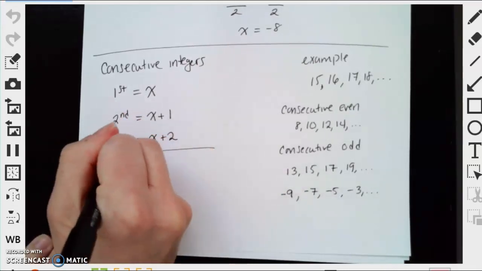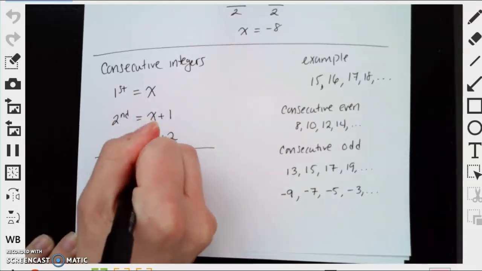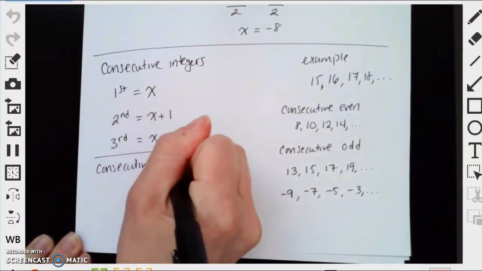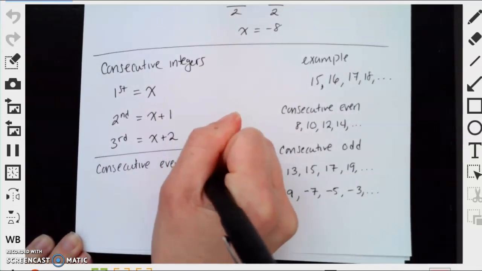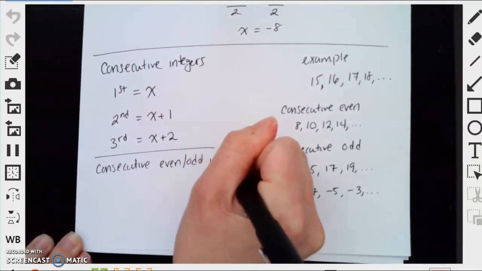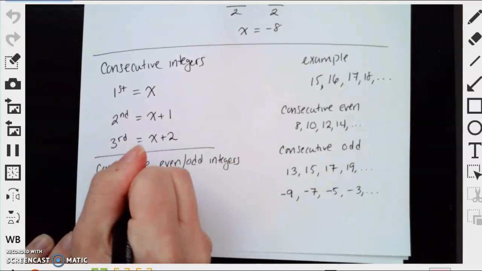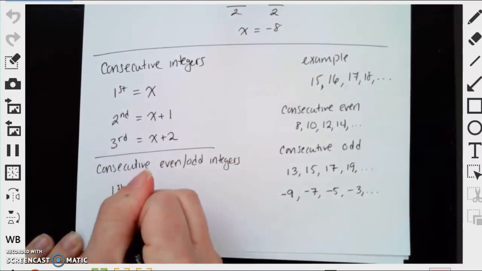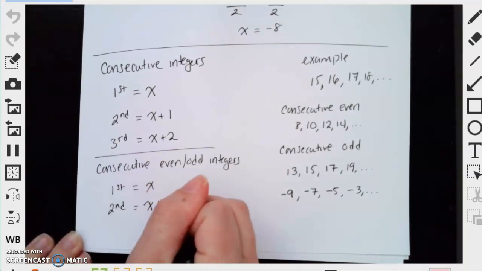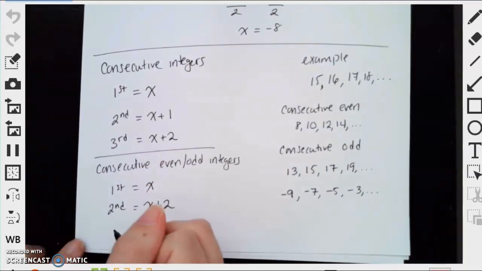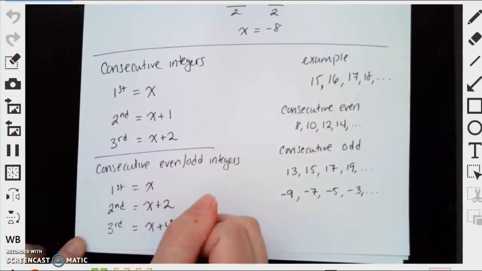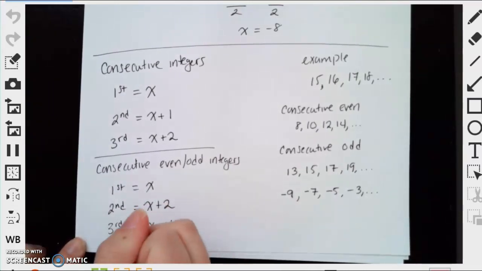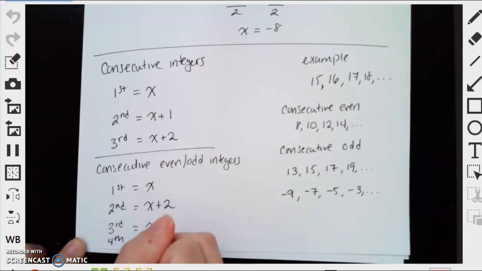So if I'm asked to find something out about consecutive even or odd integers, the first one is x, the second one is x plus 2, the third one would be x plus 4, and if I needed a fourth one, I'll squeeze that in here, that would be x plus 6.